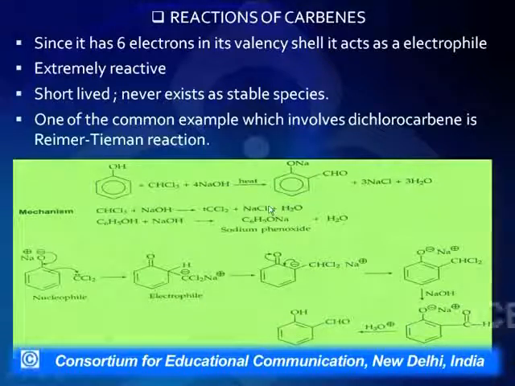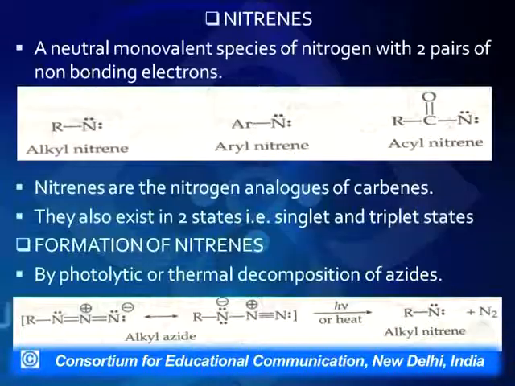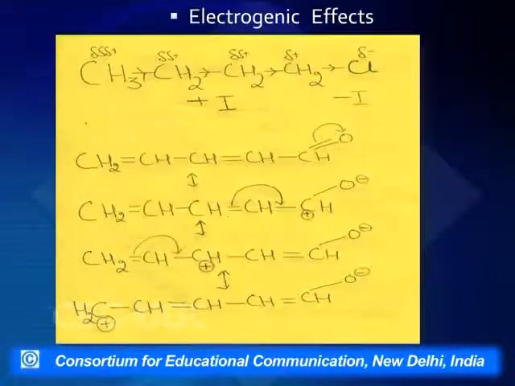So from chloroform, hydrogen has been removed as H plus and chlorine has been removed as Cl minus. What do we get here? We get a neutral electrophile, that is dichlorocarbene. So this is an example of alpha elimination.